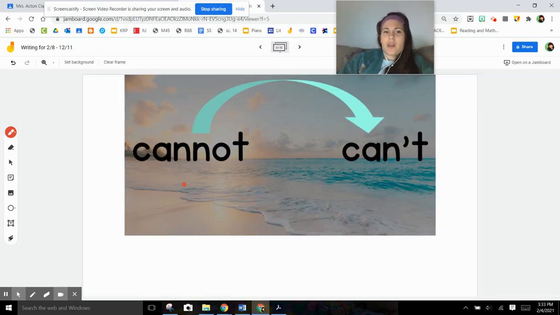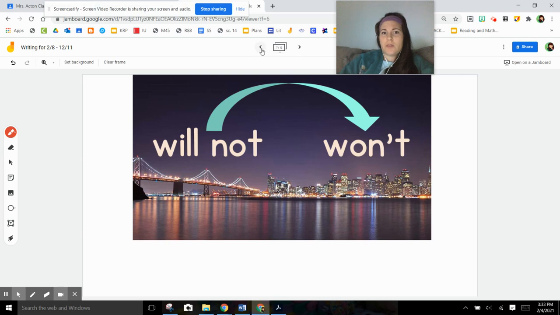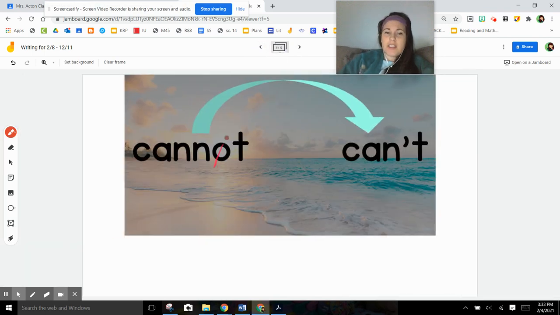All right, so there's 2. Cannot turns into can't, and will not turns into won't, that do not follow this pattern. If you look very closely, if we take away the O and replace it with an apostrophe, that would give us CANNT. And that is not how you spell the word can't. This is how you spell the word can't.